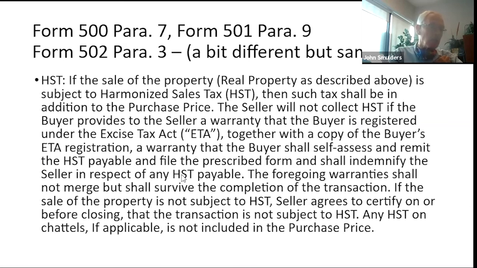If you recall from your schooling, if you put anything into Schedule A, it overrides the pre-printed portion of the agreement, and you don't want to be overriding the HST clauses. The lawyers in the province of Ontario for RICO and AREA and government have worked hard at making this clause. Do not write anything into Schedule A because you're going to overwrite what everybody agrees is the right thing already.